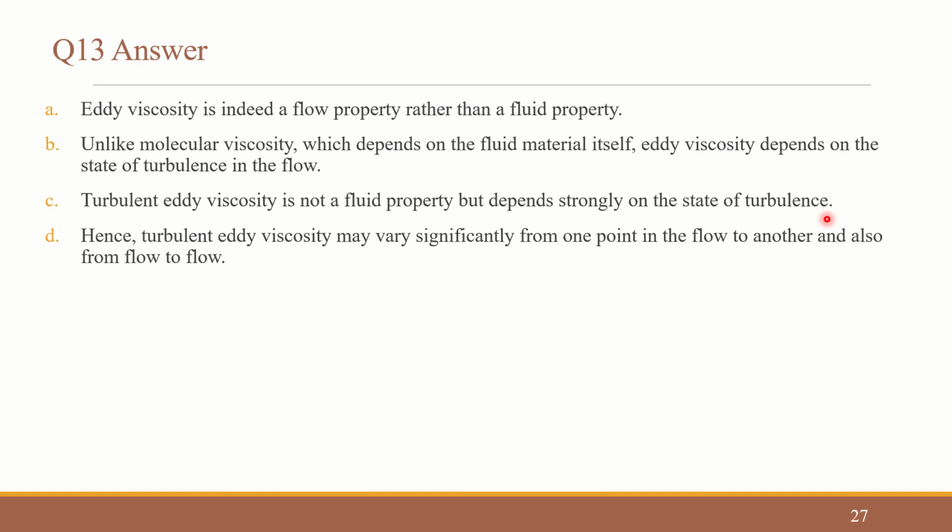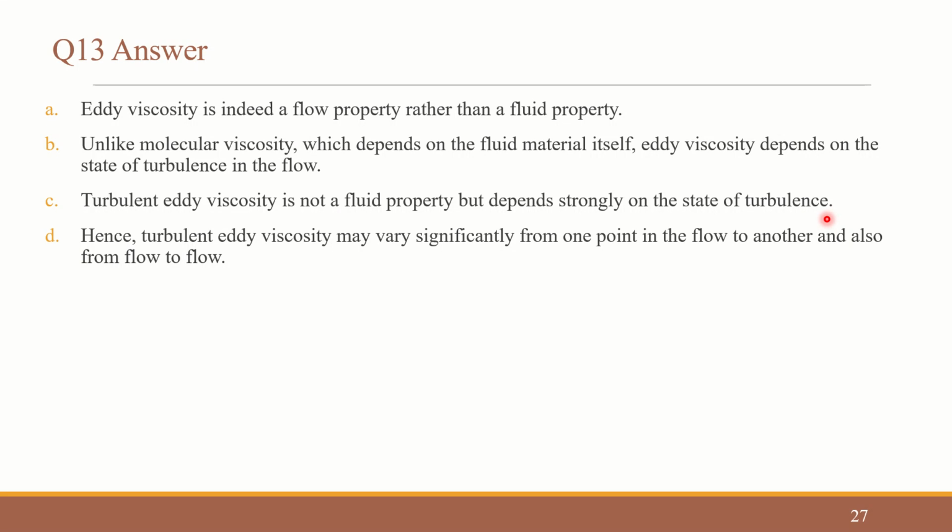In the case of laminar flows, we can see that. But when we talk about turbulent eddy viscosity, it is not a constant thing for a particular fluid. Rather, it varies inside the fluid itself. It varies from one point to another and also from flow to flow.